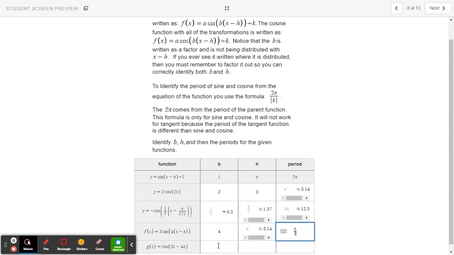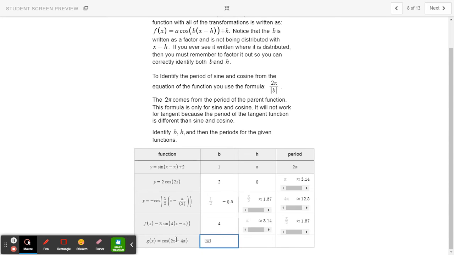And then for this one, this is what I'm talking about. Sometimes we'll see cosine and sine functions written like this. Here you can see that it's not in the right form. b is not factored out. I need no number to be in front of the x there, so I need to factor out that 2.